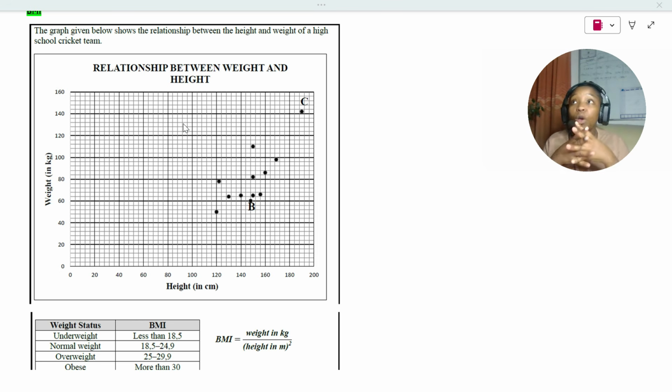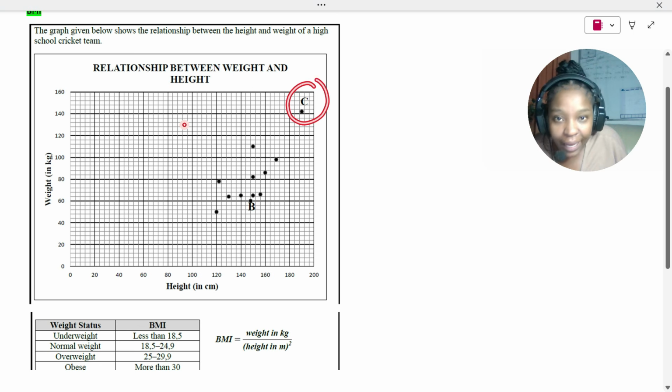We know that when you're given a scatter plot and you've got all the points congested in one section, and then you've got one lonely point going off on its own, that lonely one is called an outlier.